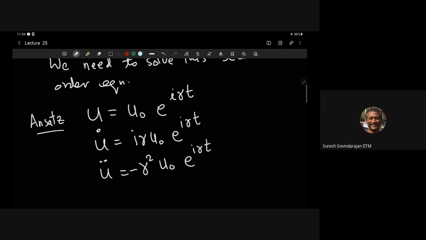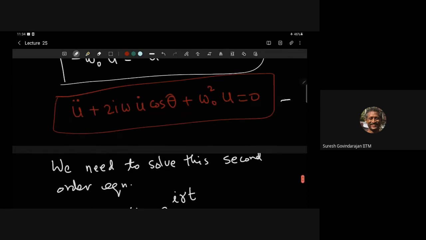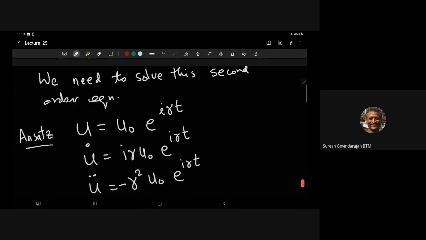Now we can plug this in. This differential equation will become an algebraic equation for gamma.